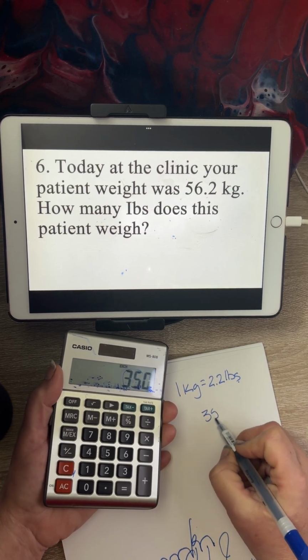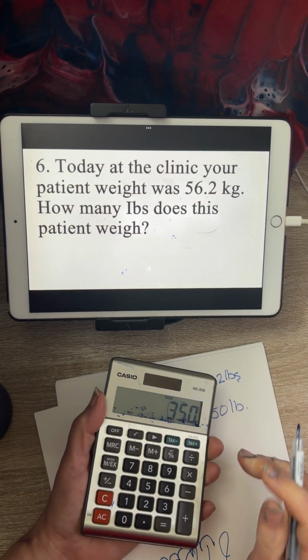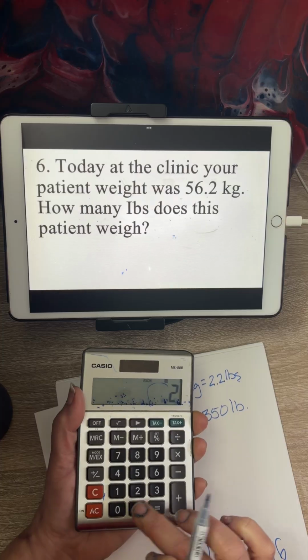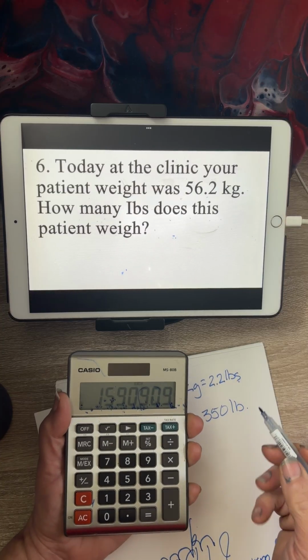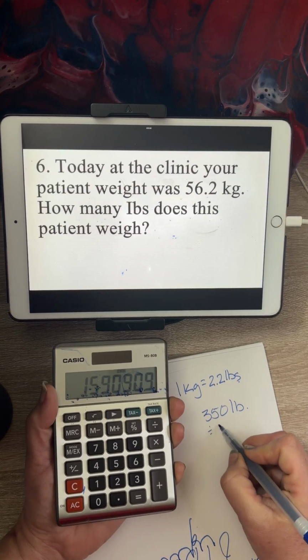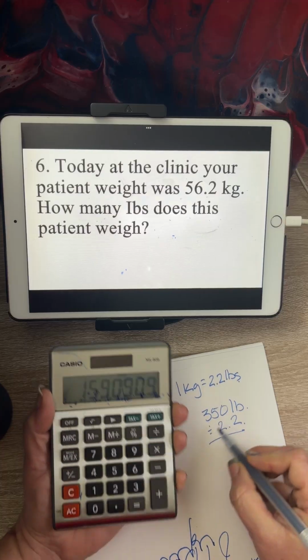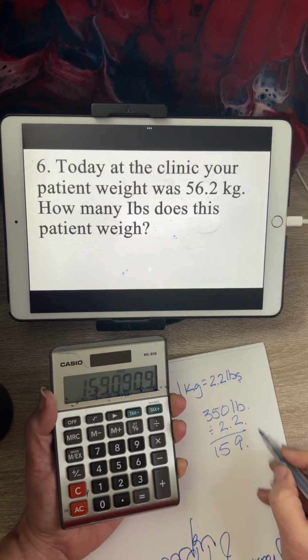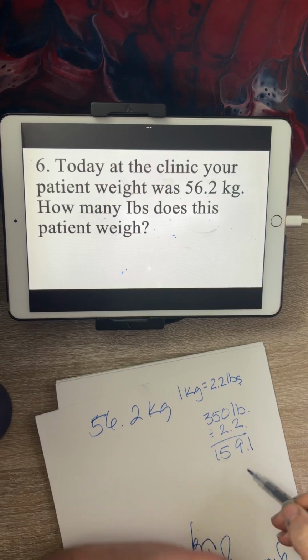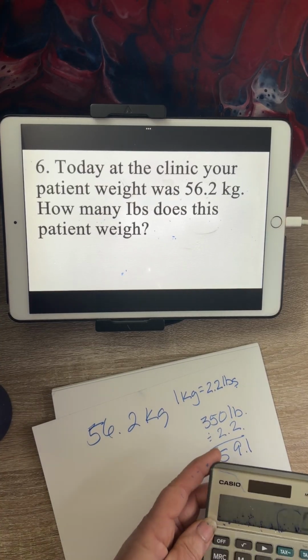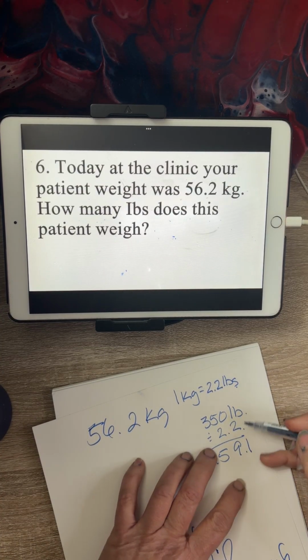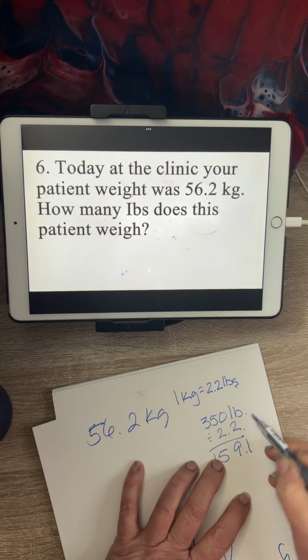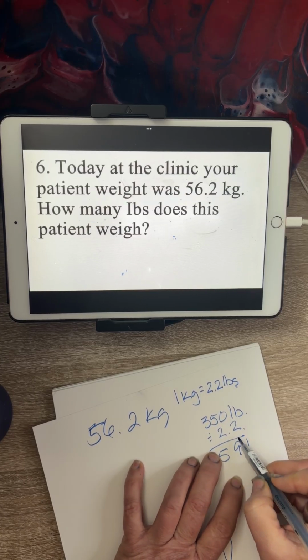Let me write this. 350 pounds, but we're going to divide that sucker by 2.2, and she is 159.1, and we have rounded. So if you're going from pounds to kilograms, I hope that story helps you remember to divide.